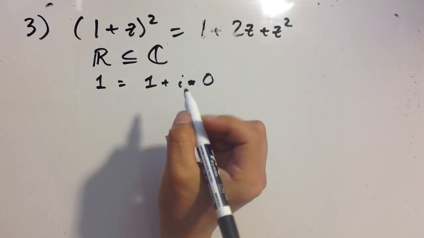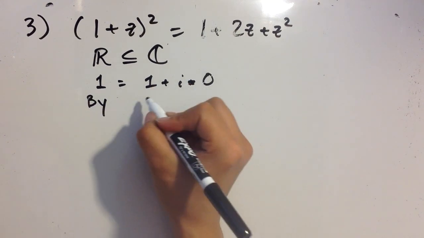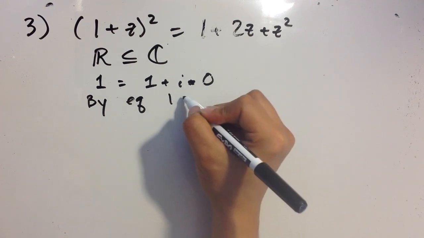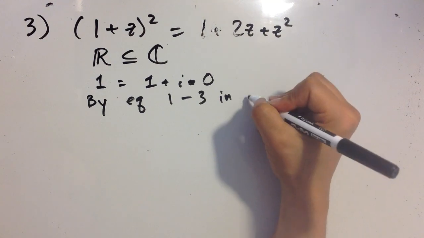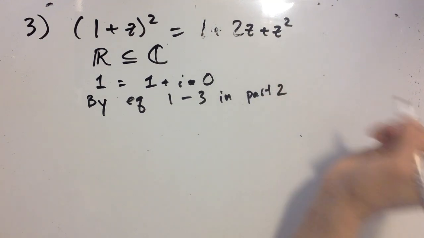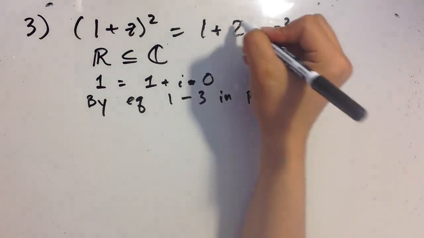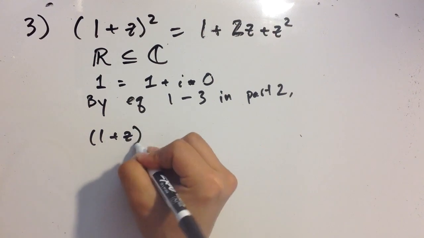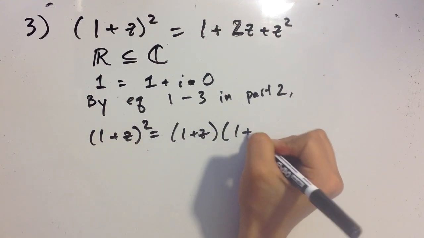So then the way we can argue this is we can just simply say by equations 1 through 3 in part 2, we can write 1 plus z squared as 1 plus z times 1 plus z.